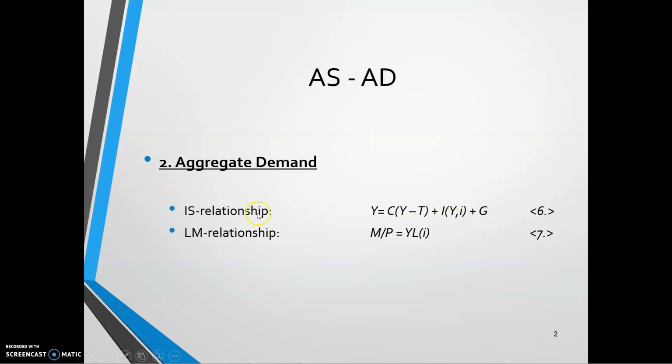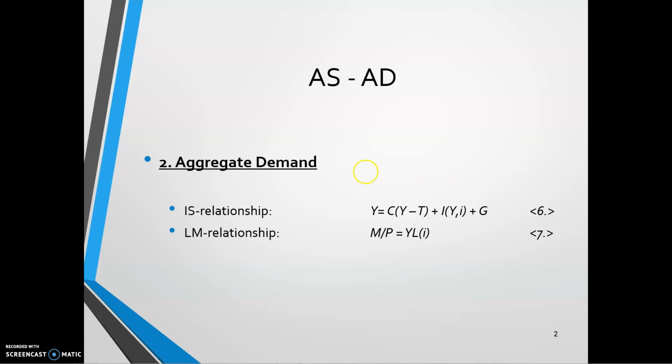Notice one thing: the IS relationship does not contain prices. These are all real quantities, and that comes back to the point I just made. How much we can consume depends on how much is produced. How much firms can invest depends on how much is produced, and so forth. It's not a function of the monetary value of things, it's a function of the physical production level.